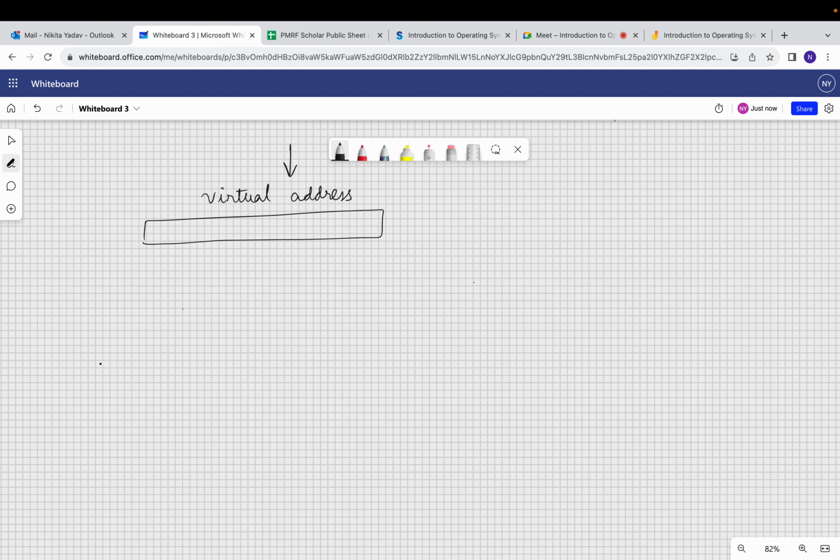In the question it says that the virtual address is of 38 bits, and it is divided into three parts: 10 bits, then 16 bits, and then the rest is 12 bits. The first 10 bits are used to index the page table directory. The next 16 bits are used to index the page table.